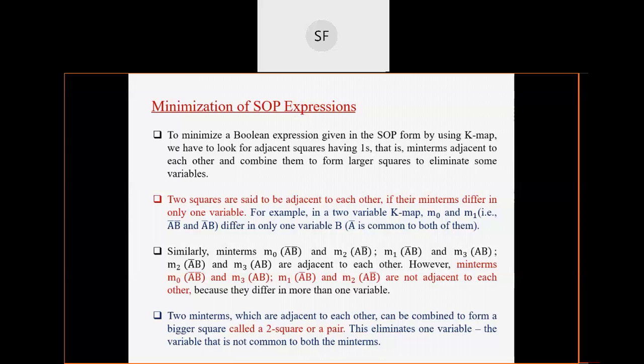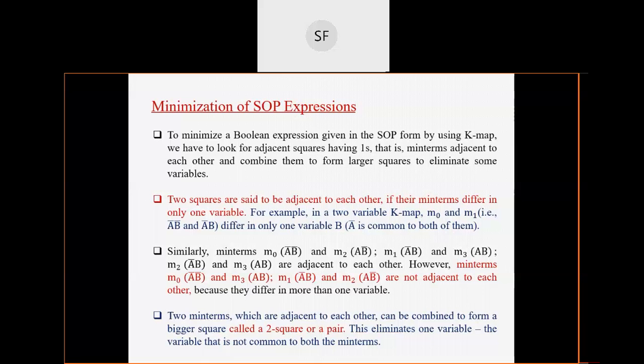But if the function is not in standard SOP form, then you have to convert it into standard SOP form first. Then you have to collect all the min terms present in the SOP form. For the min terms that are present, you put the value 1 in the map, and where min terms are not present, you put the value 0.